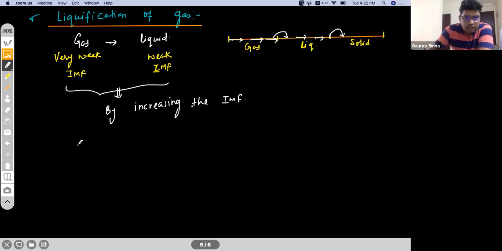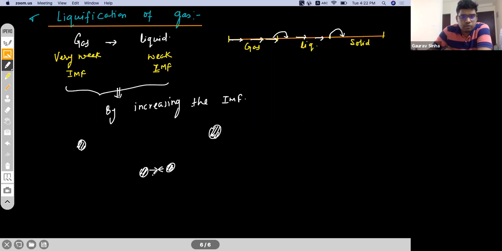Suppose gaseous particles are close together like this, and in another situation they are far apart like this. Then obviously here we'll have less interaction than there. Yes or no? If the gaseous particles are close enough, they will have interaction. If they are far away, the interaction will be less.